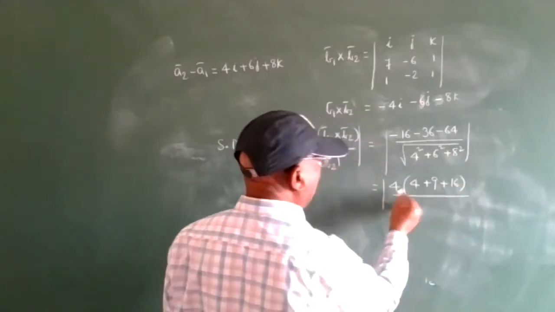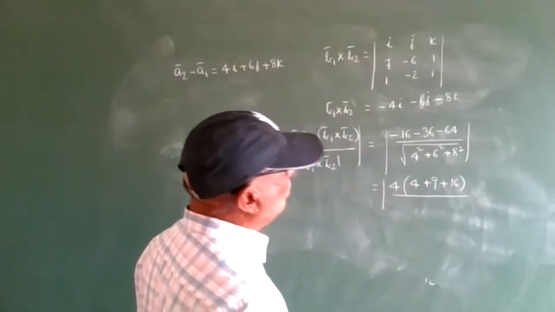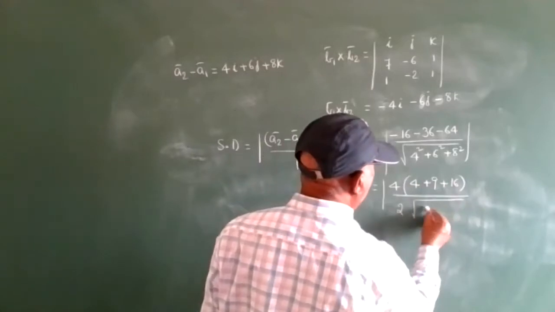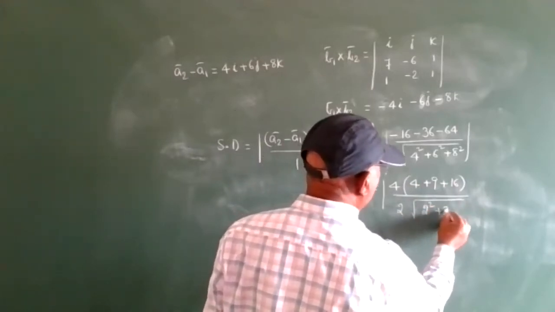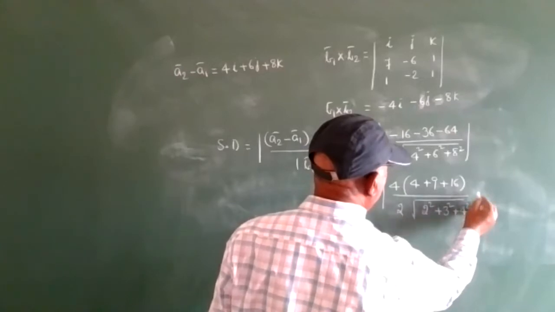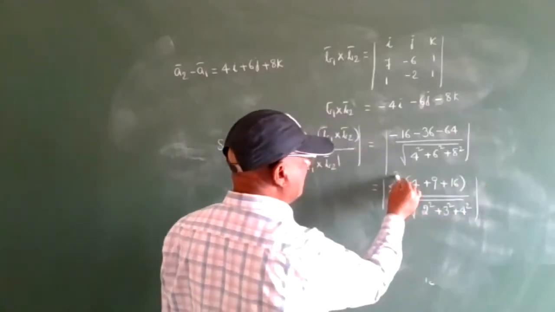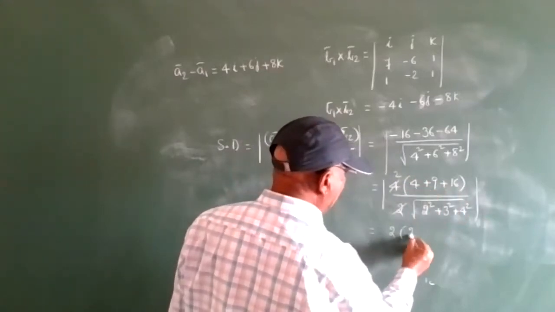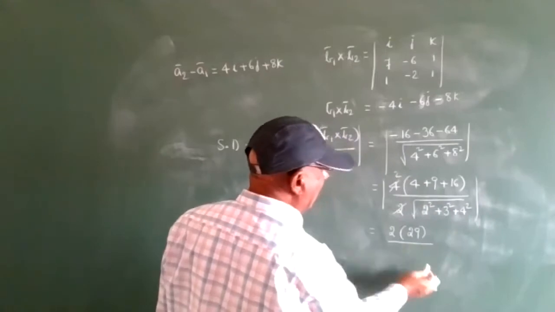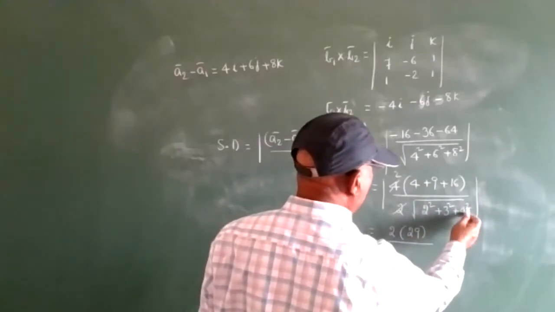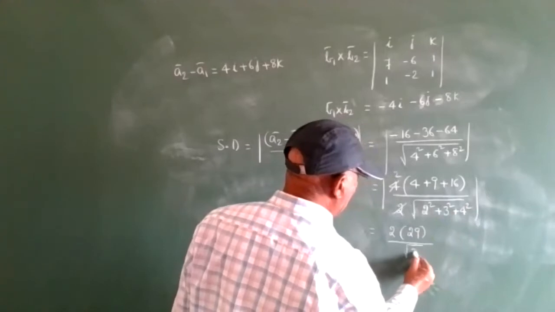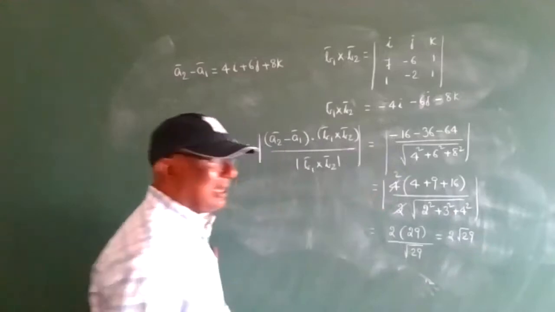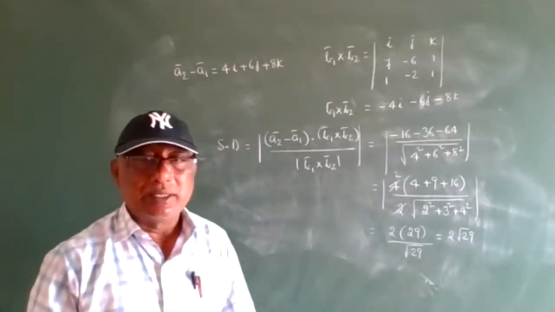In the denominator, the 2 squared is common, so that is 2 into the square root of 2 squared, 3 squared plus 4 squared. Here the 2 cancels, 2 into 25, 29 by the denominator 4, 9, 16, root 29. The answer is 2 root 29 units. Okay? Is it clear?